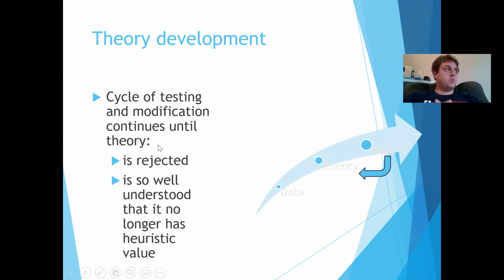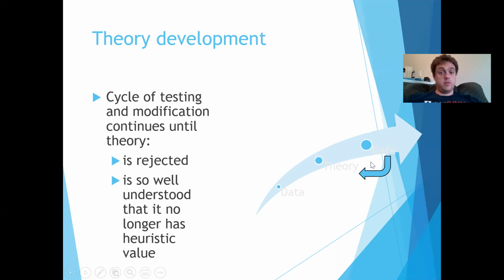So again, this is why we don't say prove, because one study doesn't rule out a theory. You might have a theory where something is influencing memory, and you find a study that says, well, that's not the case in this particular situation.